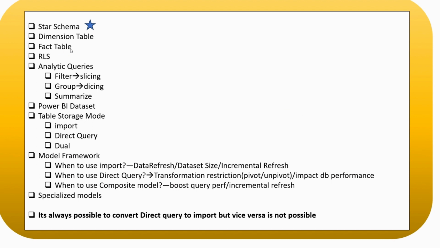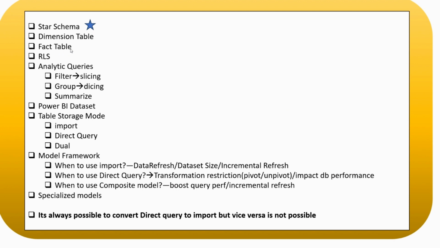Coming to the fact table, if I'm selling a laptop for this much price, say I sold 10 laptops for 1,000 rupees each, and yesterday I sold 9 laptops for 500 rupees or 1,000 rupees. It might differ, but the number of laptops I sold is numerical data, and I'm going to show it in a fact table.